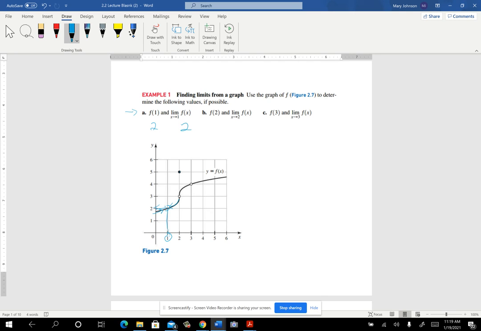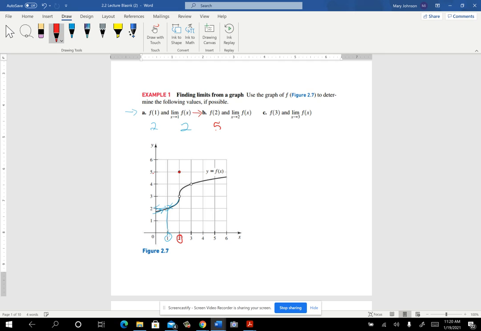Okay, now look what happens on this next spot. Now we're looking at what happens around 2. So let's go to an x of 2. So the value of the function at 2 is way up here. It's 5.